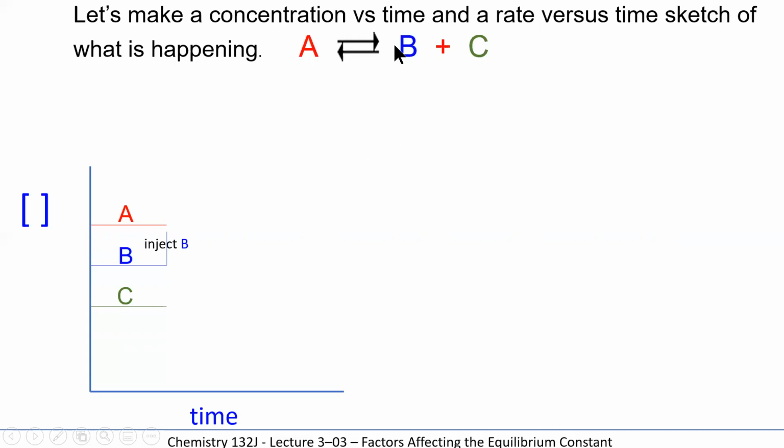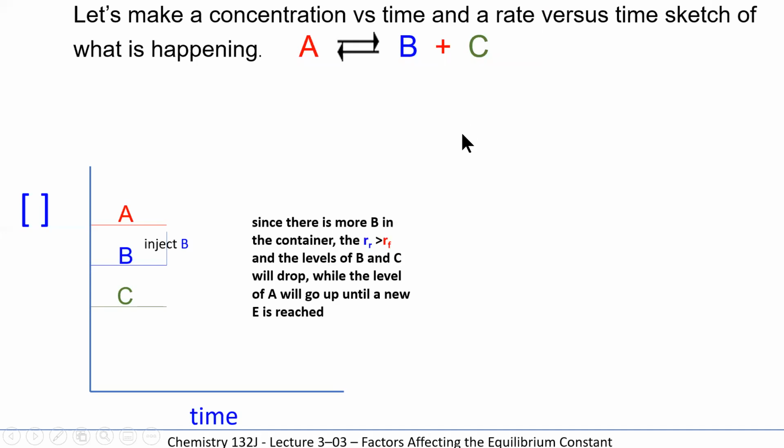Now, when we inject B into the system, again, the reverse rate will now be greater than the forward rate because the probability of collision between B and C has now increased. So that rate will be a maximal value at that instant. And as B and C collide and create more A, the rate will decrease and the quantity of B and C will both go down by the same amount.